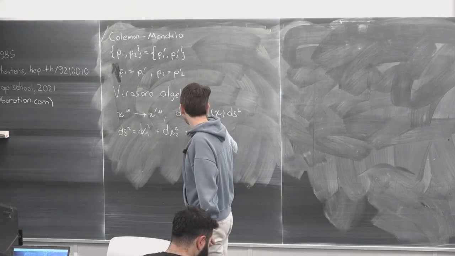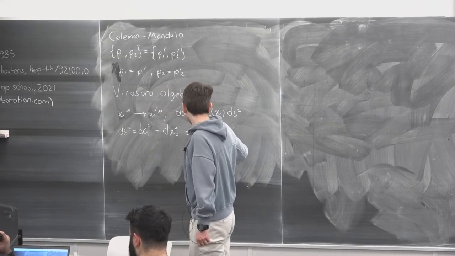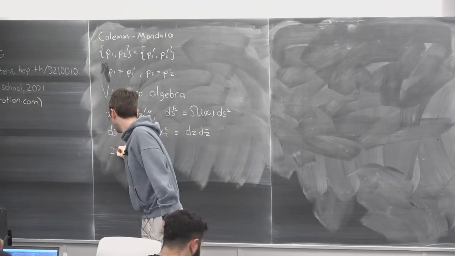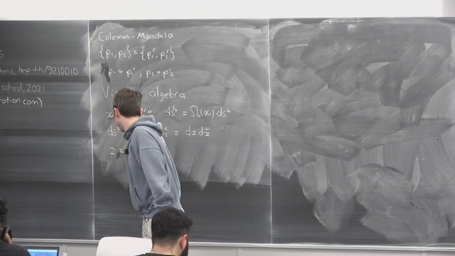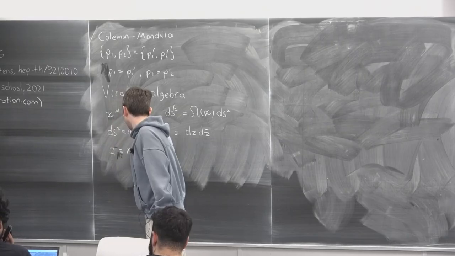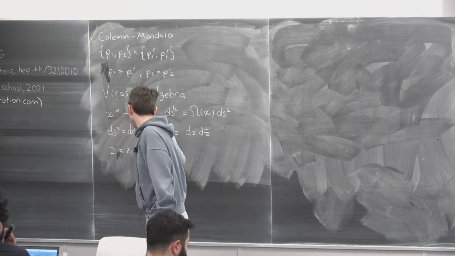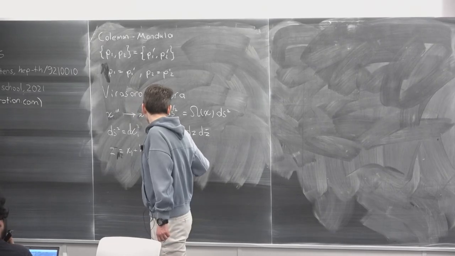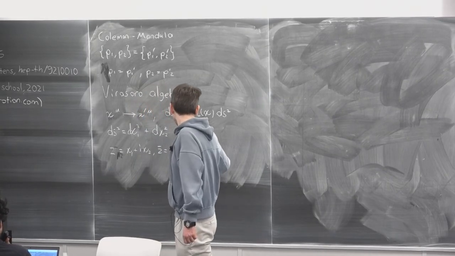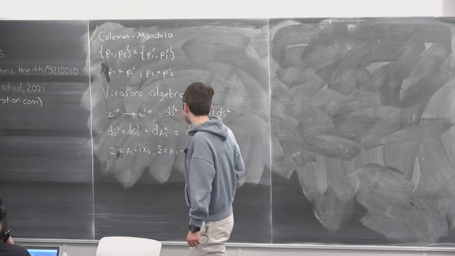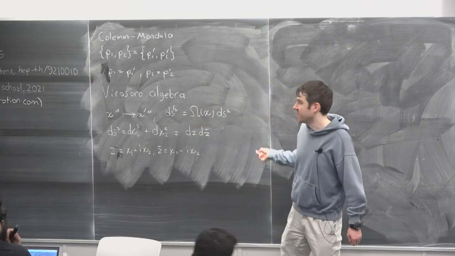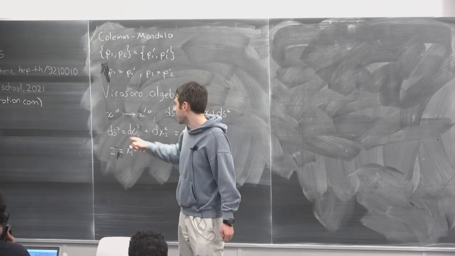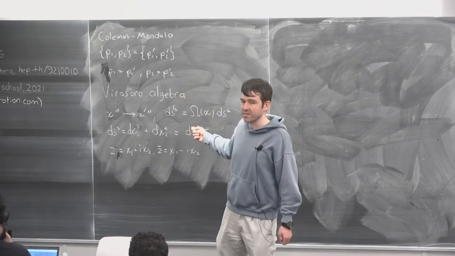Which becomes very nice if you use complex coordinates. So if z and z bar are x1 plus or minus i x2. So in that case, it's very clear which transformations will leave ds squared invariant up to some overall function.